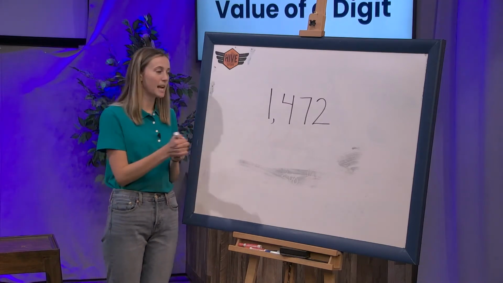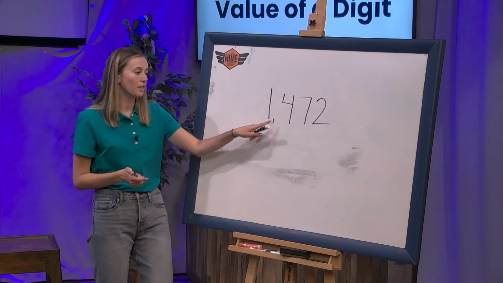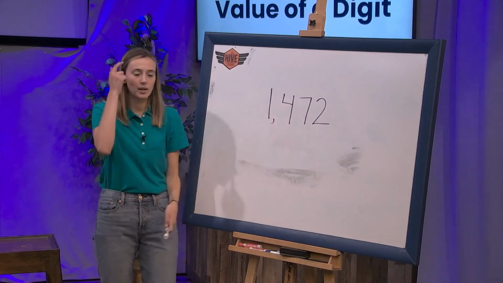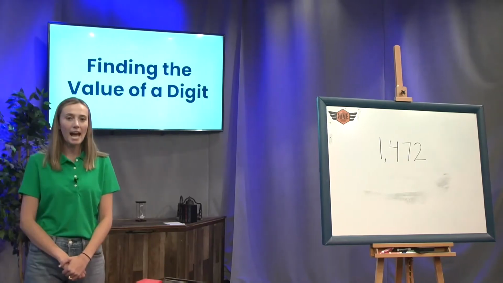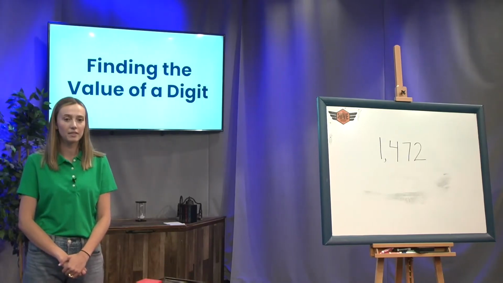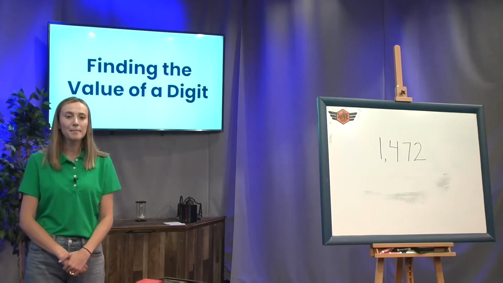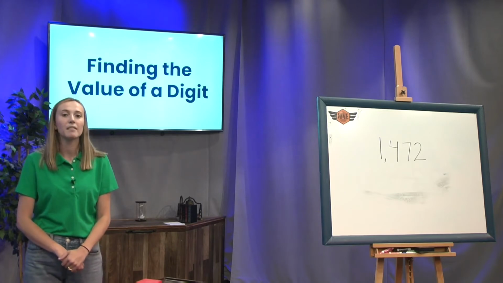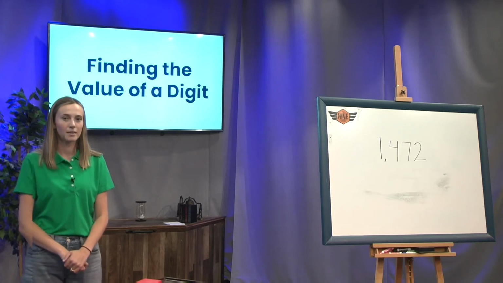So write that number down if you have a pencil and piece of paper, 1,472, so you have that in your head. The number I have is 1,472, and I'm going to use my math materials to represent the value of each of the digits.